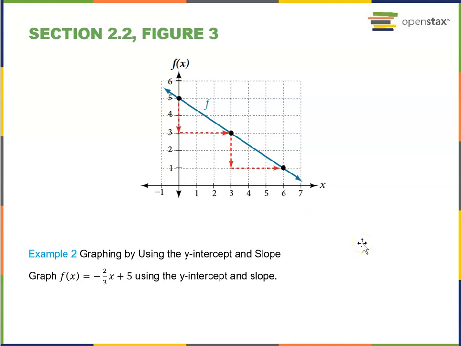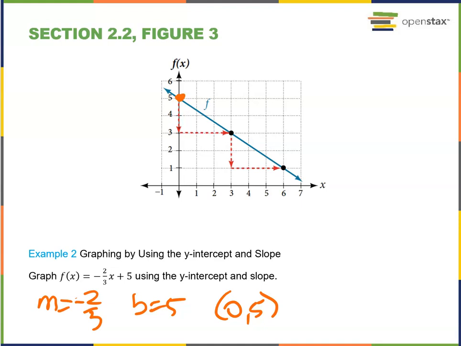Another example, graphing by using the y-intercept and slope. Again, let's identify our slope. Here is negative 2/3, and our y-intercept is 5. Your b is equal to 5. So we have it as 0, 5. So you start here, the point at 0, 5.